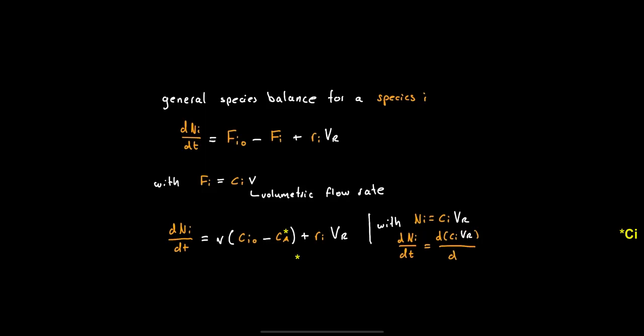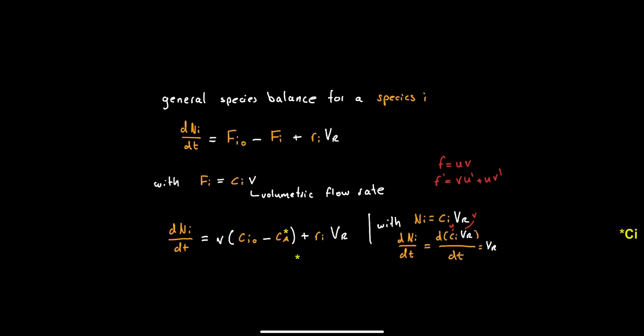with respect to time. So let's refresh our memory from high school mathematics. If we have a function which consists of a product, let's say u and v, and we derive it, we can use the product rule: v times u derived plus u times v derived. So in this case, Ci is going to be u and VR is going to be v. And this would be equal to VR times u derived.